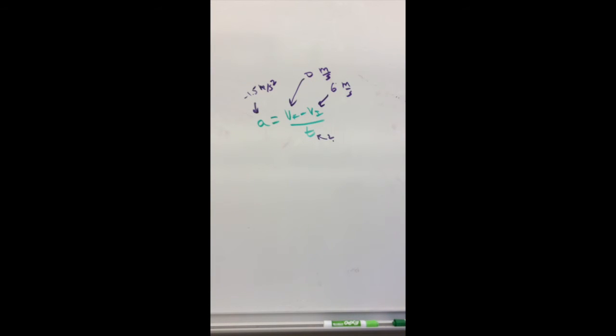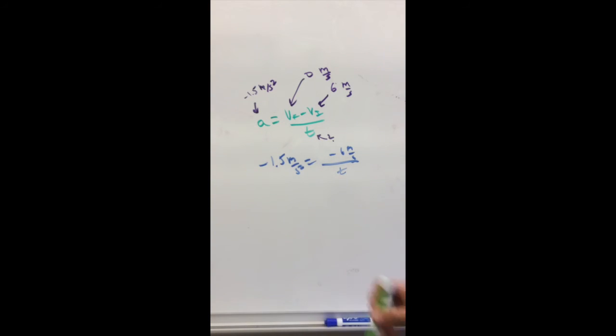So I'm going to rewrite what we just got here. I'm going to plug everything in. Negative 1.5 meters per second squared is equal to 0 minus 6 meters per second divided by the time. Hopefully that's all catching on there. And we can instantly just get rid of the 0 because that's inconsequential.